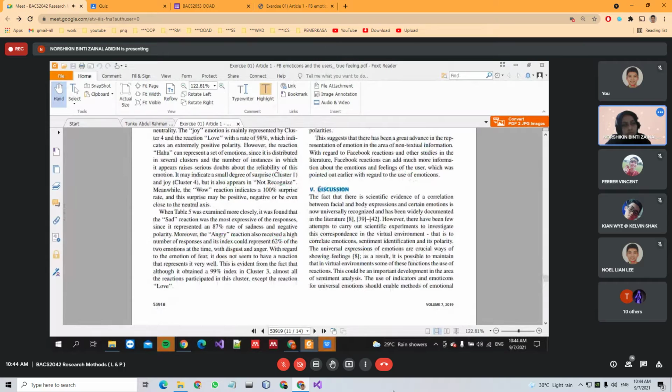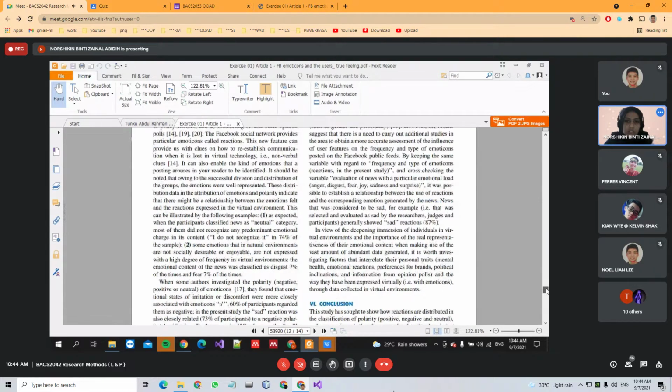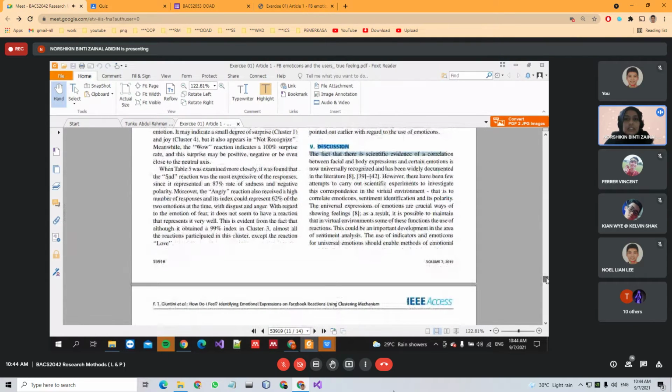Discussion is quite crucial for an article because usually, if I read the abstract and I think that it is relevant to my research, I will go to the discussion, because in the discussion they will usually tell what the future work is, or what the gap of this particular research is.